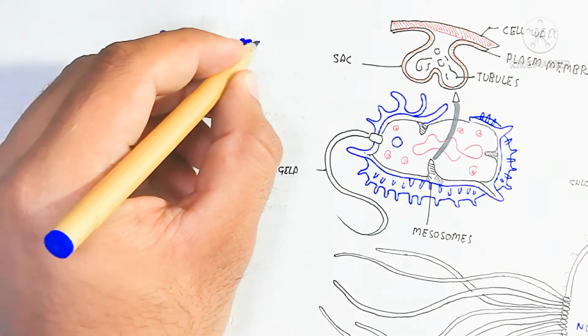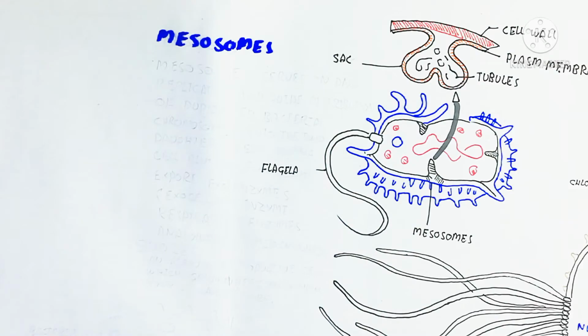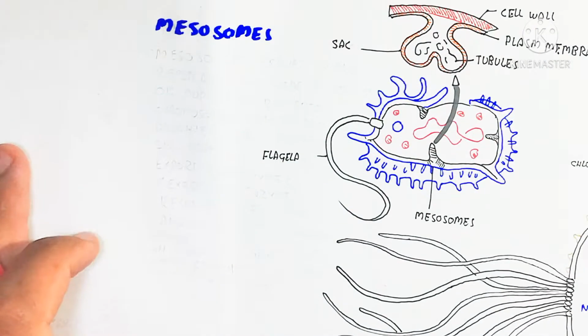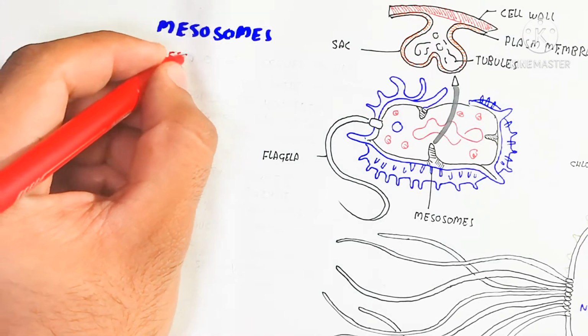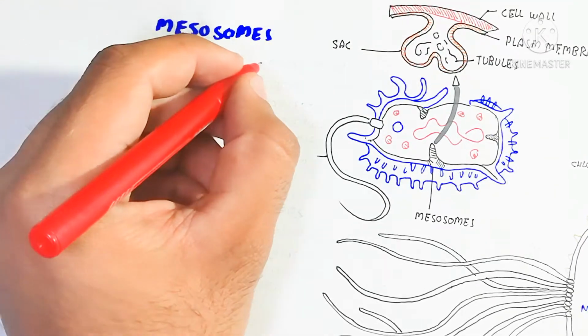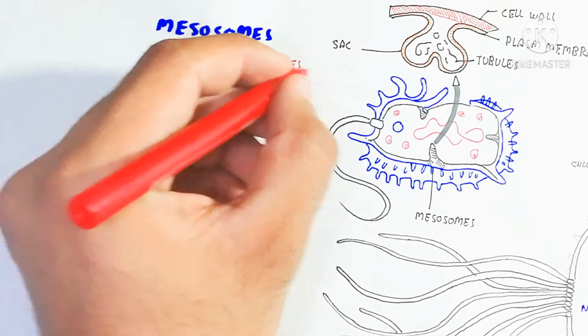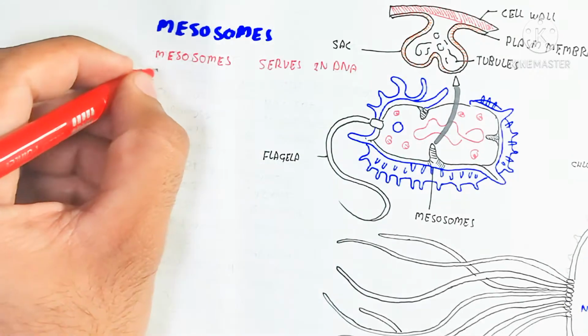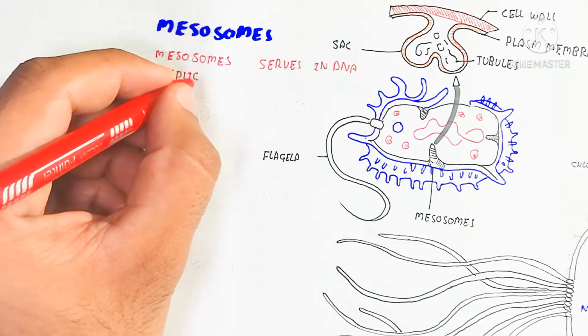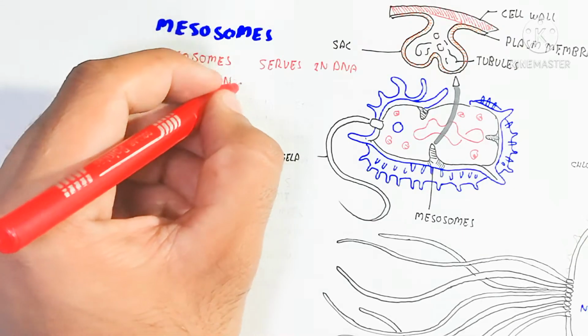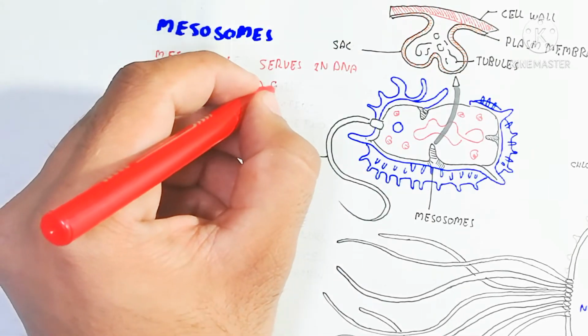The mesosome serves in DNA replication, and guides distribution of the duplicated chromosomes, because the cell splits from the center into the two daughter cells during cell division.